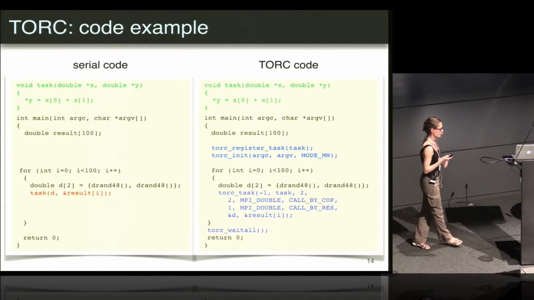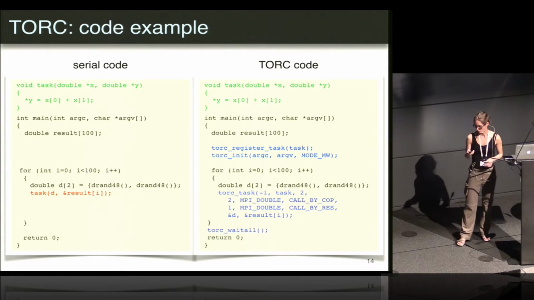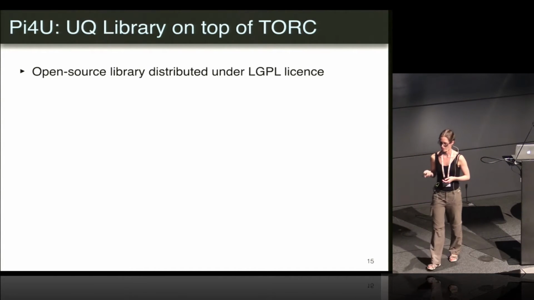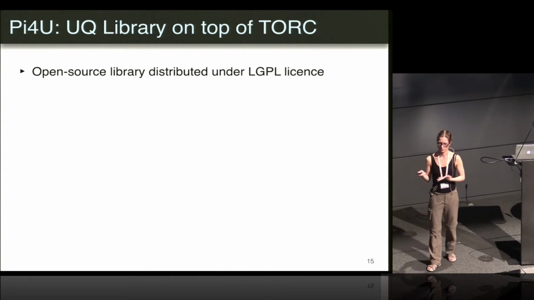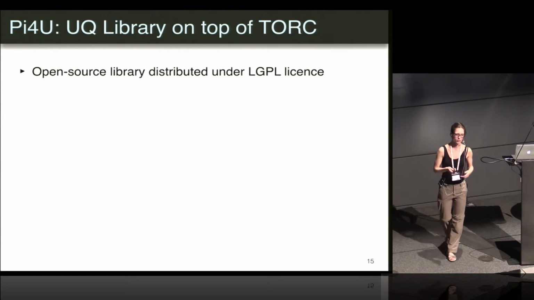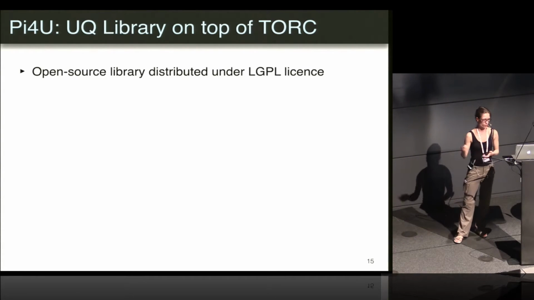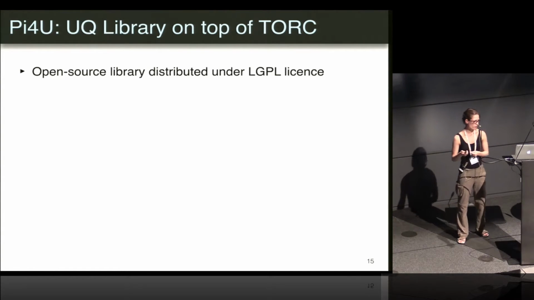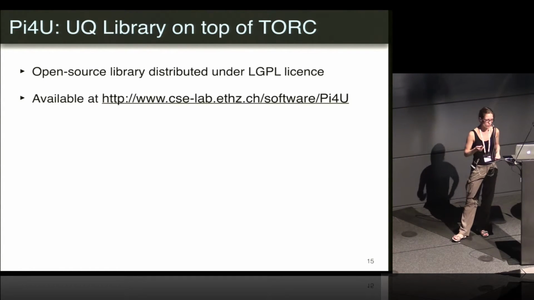But this is if you want to write a new algorithm. We have written on top of the TORC a library which deals with the UQ algorithms, like ABC-SubSim, for example. So the algorithms are already implemented. It's an open source code, which you can find on our home webpage.